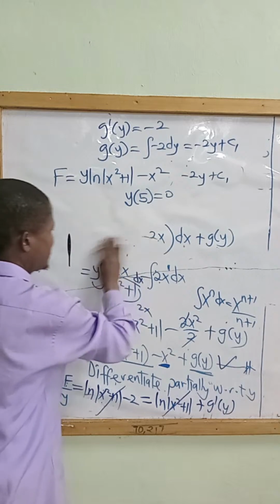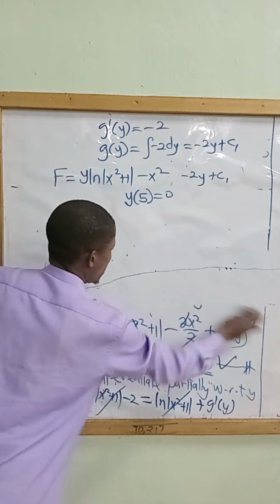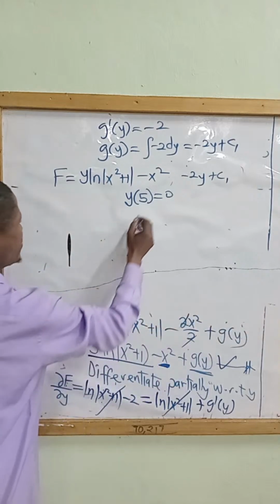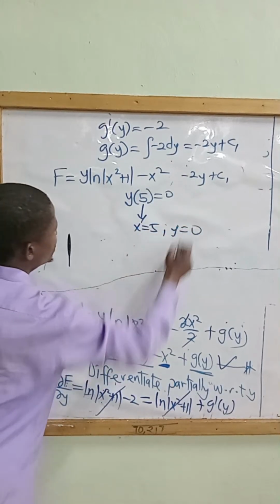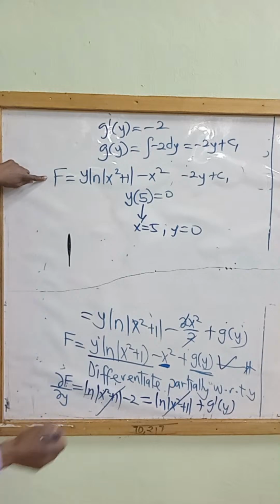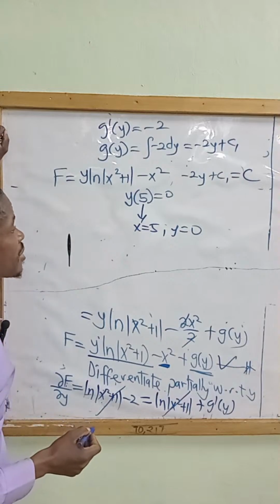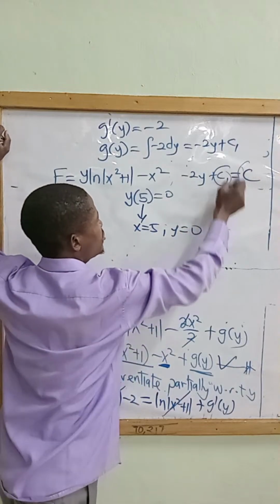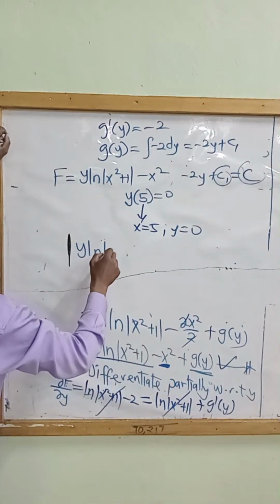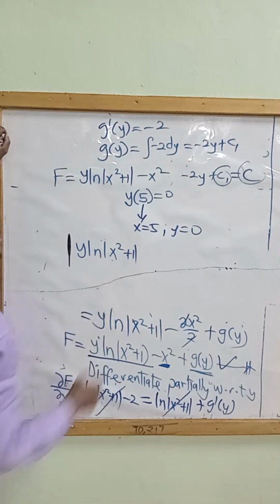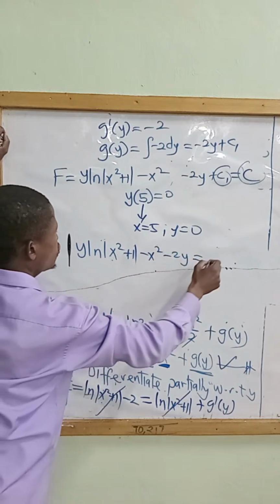What is the meaning of that? The meaning is that when x is 5, y is equal to 0. And don't forget f is equal to c. Then you can combine this one and this one together. So you now have this, minus x squared minus 2y equal to capital C.